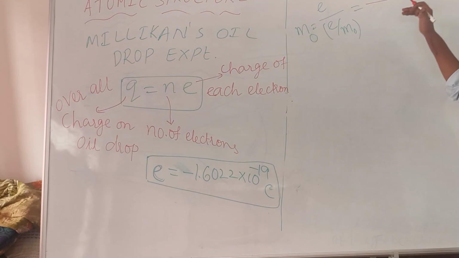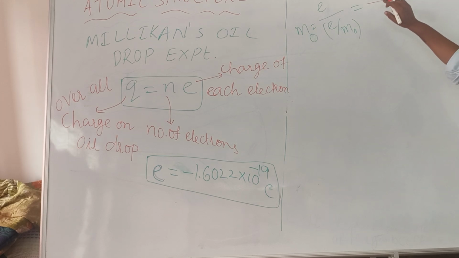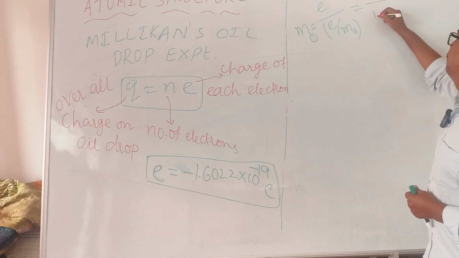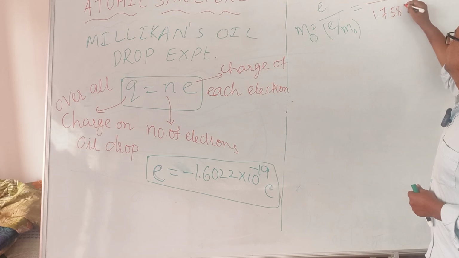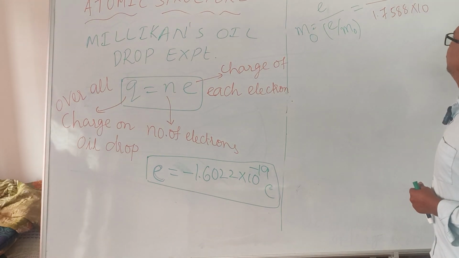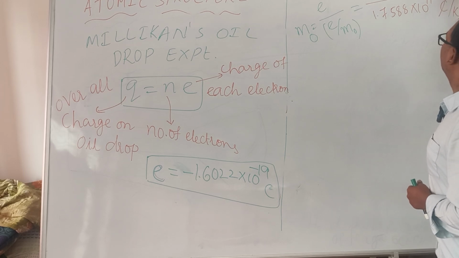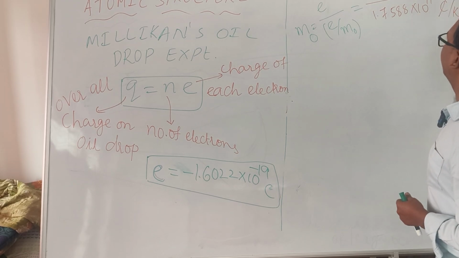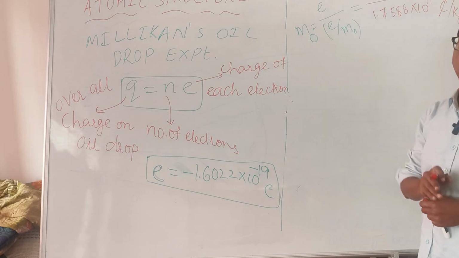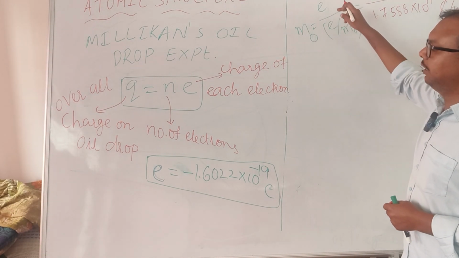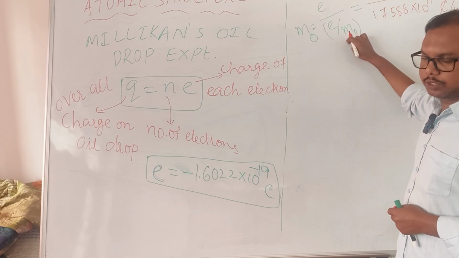Just observe clearly. 1.6022 into 10 power minus 19 coulombs divided by e by m, which is 1.7588 into 10 power 11 coulomb per kg. Coulomb cancels out, only kilograms remain. The denominator of the denominator becomes the numerator. Therefore e by m, you will get here, charge by charge, the specific charge.